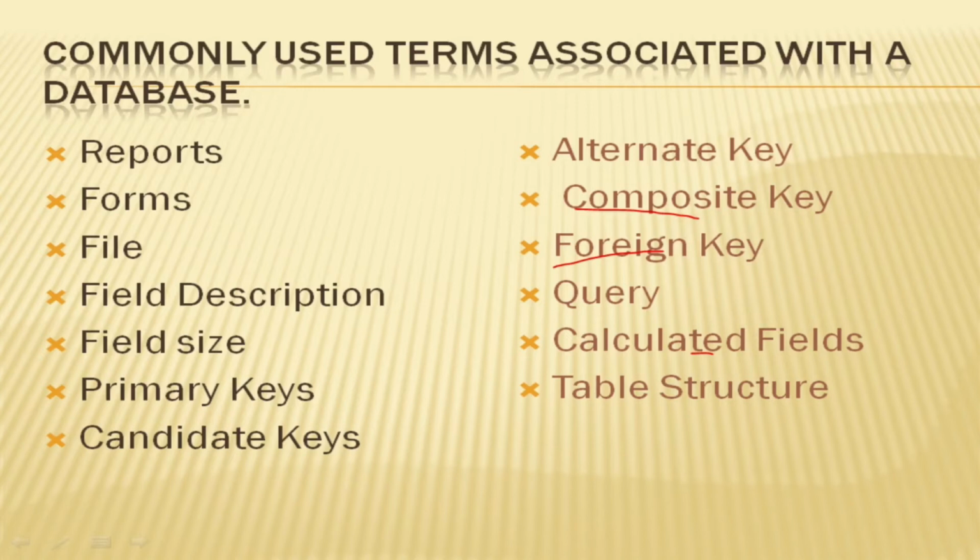All right, the final term that we need to look at here is what is called a table structure, right? And this is critical for when you're creating your database tables. Table structure is a plan that shows the names, data types, and the field size of fields in a table. So let me repeat that.